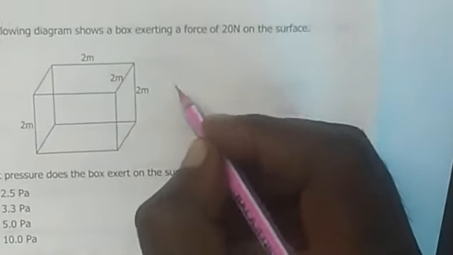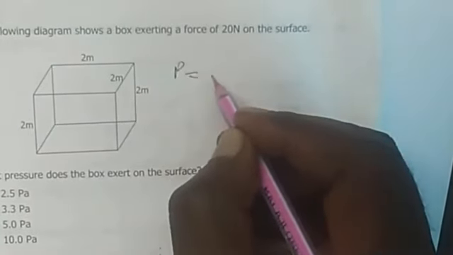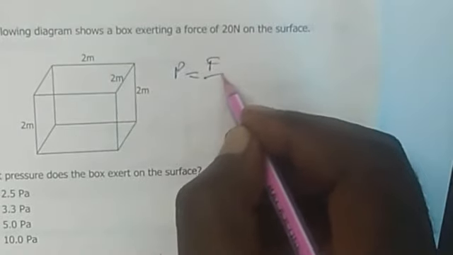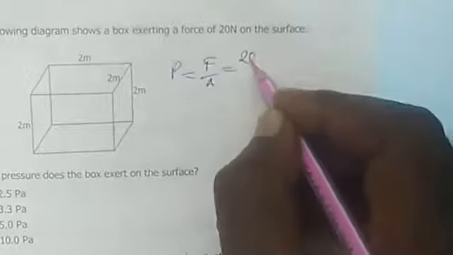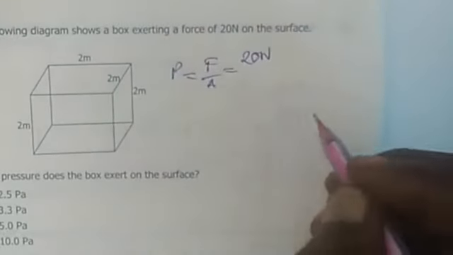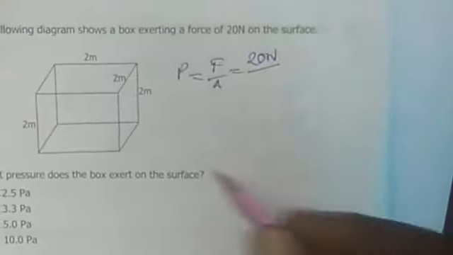So the force is 20 Newton, and what is the area? I'm sure people are saying you are just talking and we don't know what you are saying. So we're saying pressure, P, is equal to force over area. The force is 20 Newton over what is the area? So we calculate the area of this.